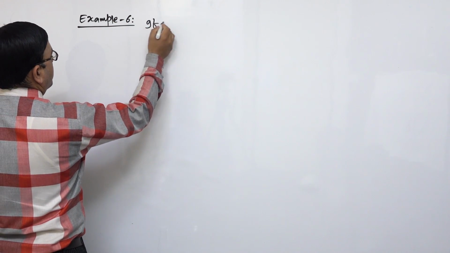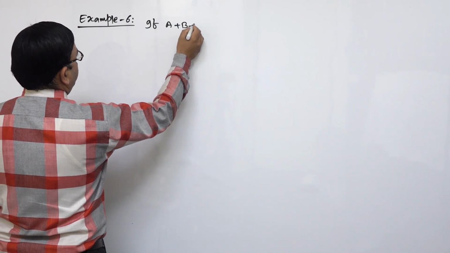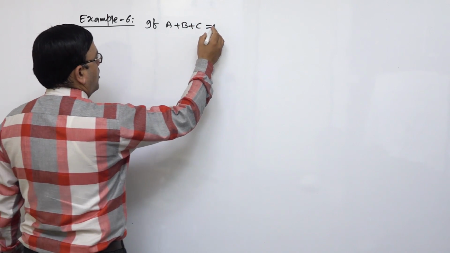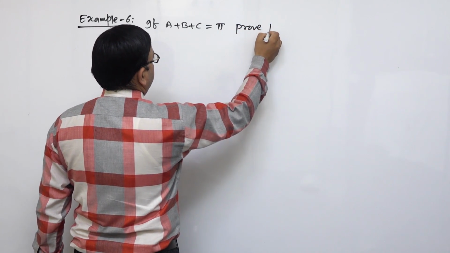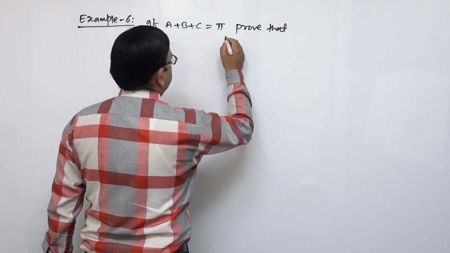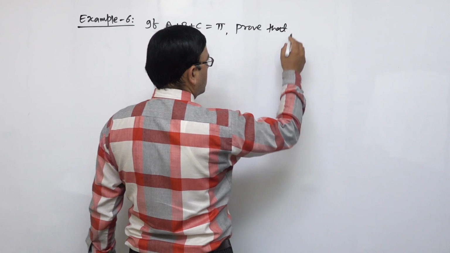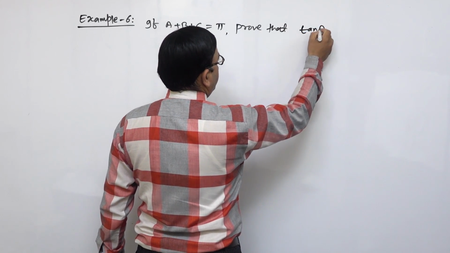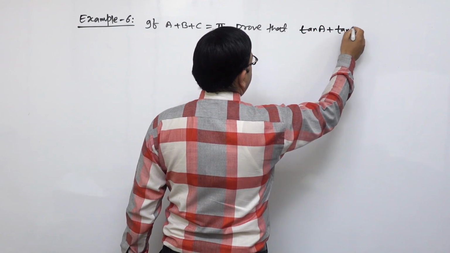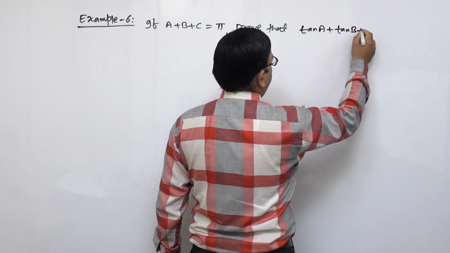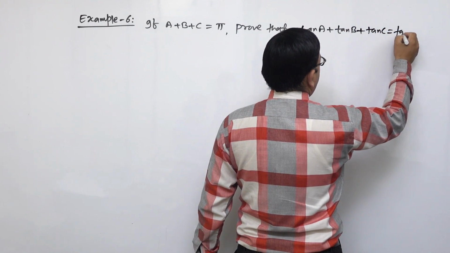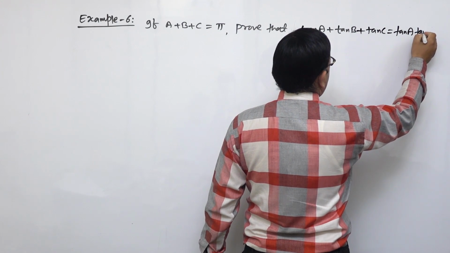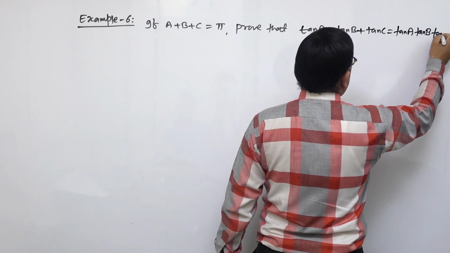If a plus b plus c is equal to pi, prove that tan a plus tan b plus tan c is equal to tan a tan b tan c.